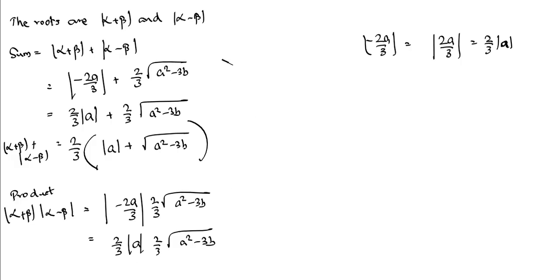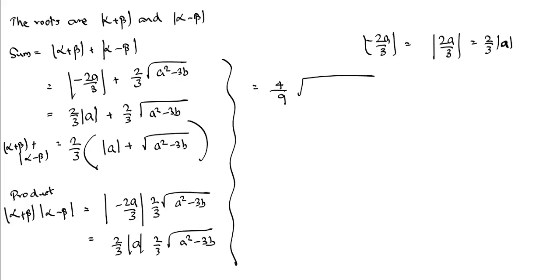Then what will happen? This is going to be equal to 2 into 2 is 4, 3 into 3 is 9. Now modulus of a, you can put this within the square root. When you put this within the square root, the modulus will disappear, because we know it is a rule to have only positive numbers inside the square root.